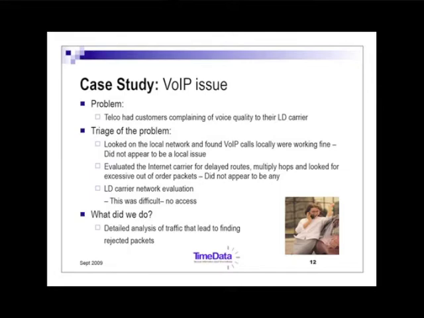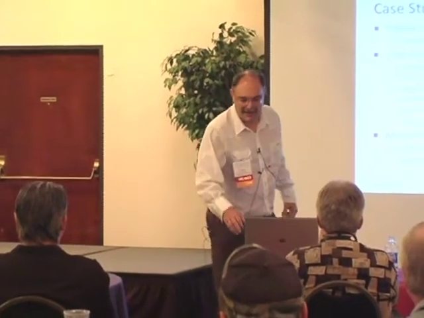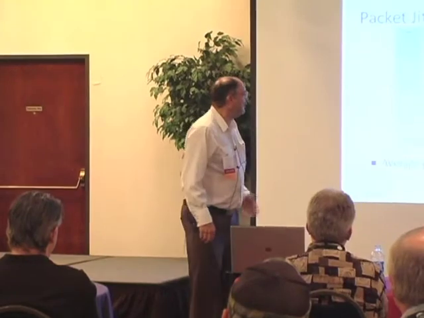So what we did is we did some packet capturing, because this is one of those end-to-end delay issues that we were trying to resolve. What did we find? We found several rejected packets, that the user at the end was getting rejected packets. We tried to go back to the carrier and the company decided to change to another carrier, so we didn't get it resolved.